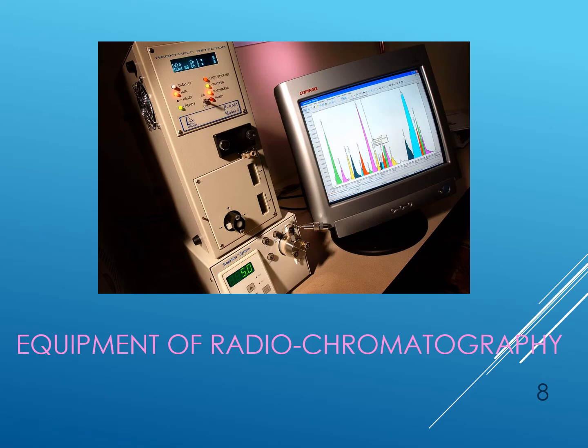In this way, the elements present in the sample can be analyzed by analyzing the chromatogram. A chromatogram is basically a graphic representation in which the elements can be analyzed by their specific wave numbers, and in this way they can be distinguished from each other. So this is the equipment of radiochromatography.